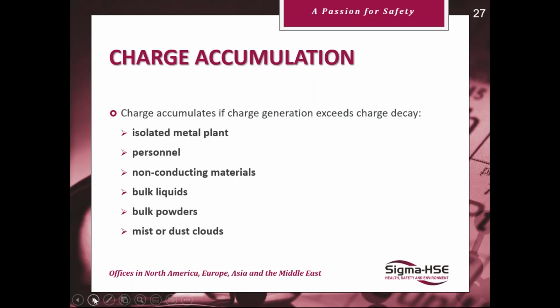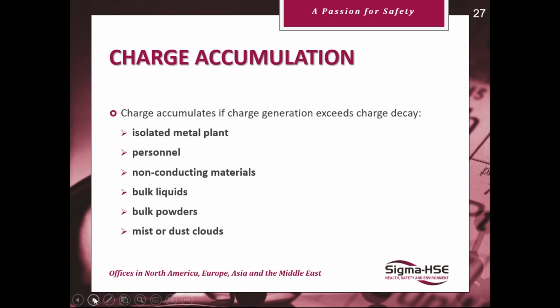This can occur in isolated metal plant, on personnel, with non-conducting materials such as plastics, bulk liquids, especially when you've got insulating liquids, bulk powders, especially when you've got things like plastics, either fine powder or granules, and in mists or dust clouds.